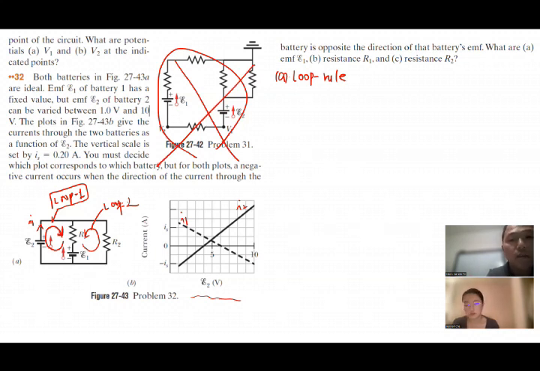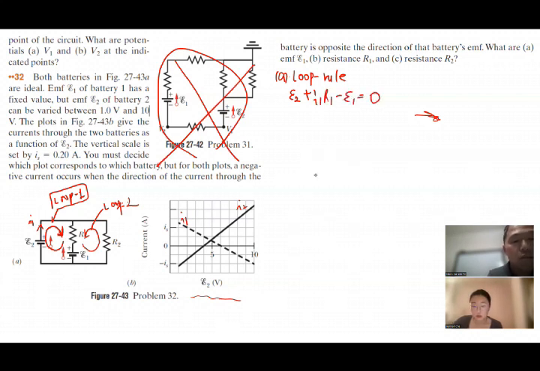If that is the case, battery 2 creates a potential rise as it goes along the current path. Then that should be E1 minus I1 R1 minus E2 equals 0.